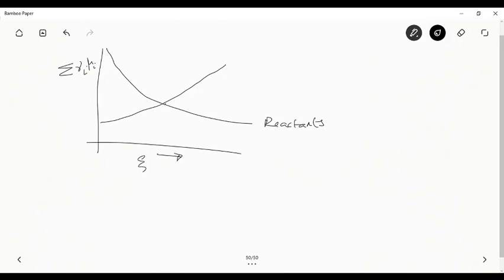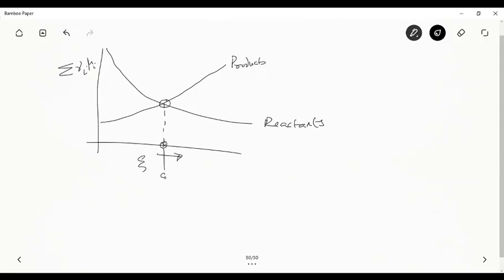So there will be a certain value of xi, or the reaction progress variable, at which this is for products. So this is the mu i for products, and this is the mu i for reactants. At some point they both will be equal, and that is the position of the equilibrium condition.